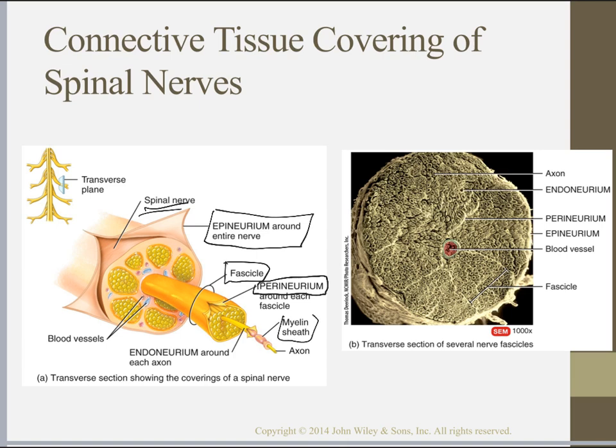We see that it has this myelin sheath wrapping, and we're going to cover that neuron with another connective tissue sheath, and that is our endoneurium. So again, from outside in, superficial to deep: epineurium, perineurium, and our third is our endoneurium. So again, we have a bundle of bundles.